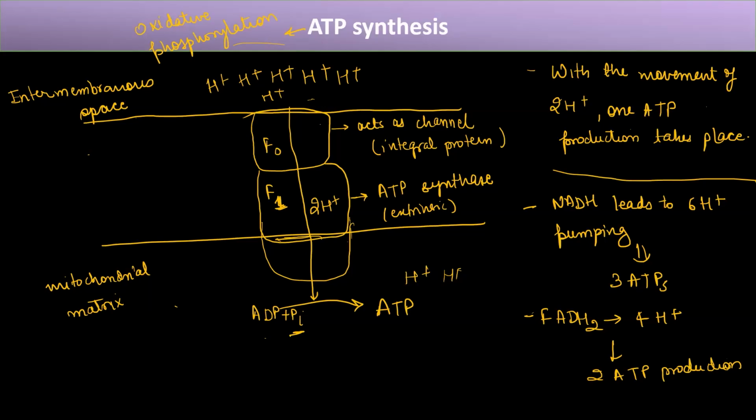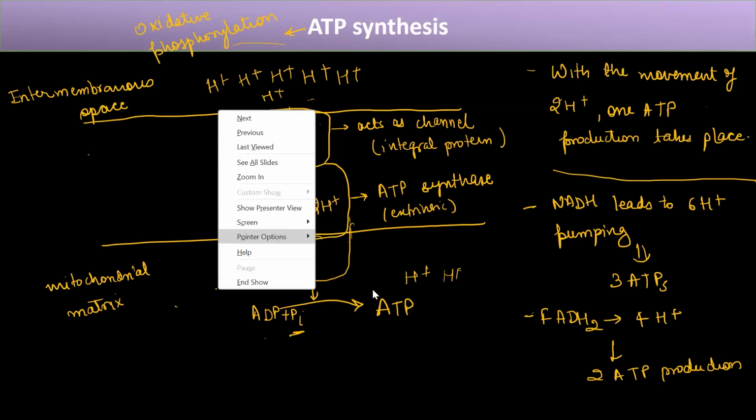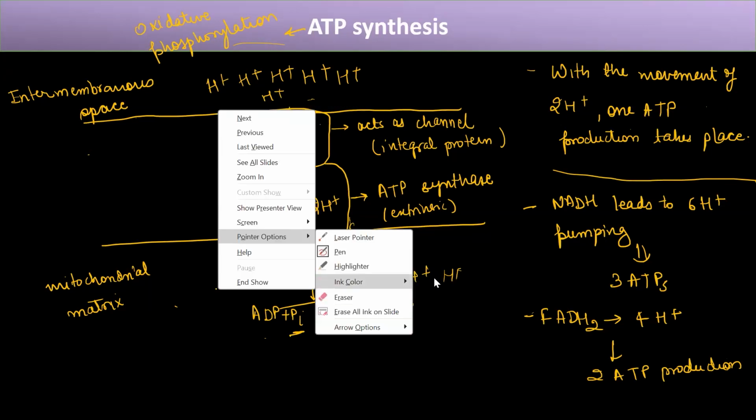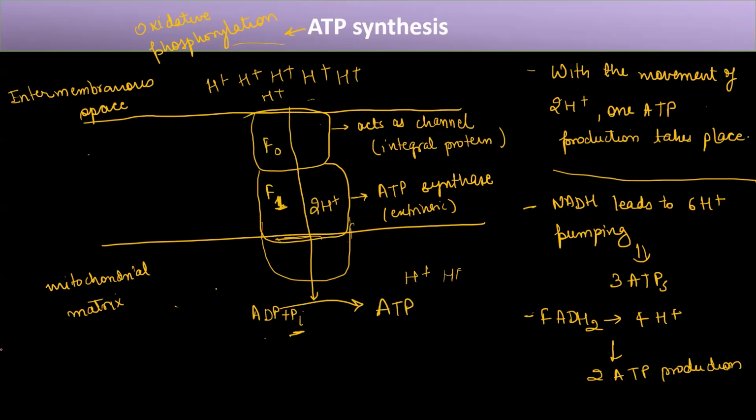Now, from this, what points can we conclude? We can write that the number of ATP molecules formed depends on the electron donor. If the electron donor is NADH, the number of ATP formed is 3. But if the electron donor is FADH2, how many ATPs will form? 2, right?